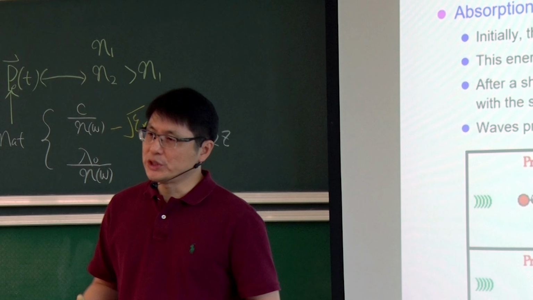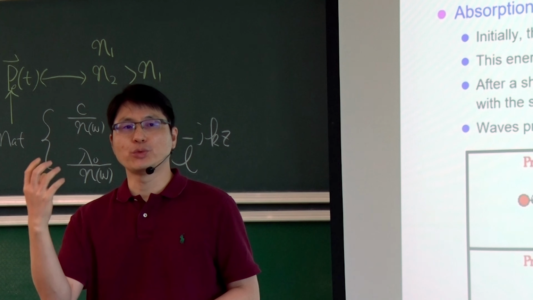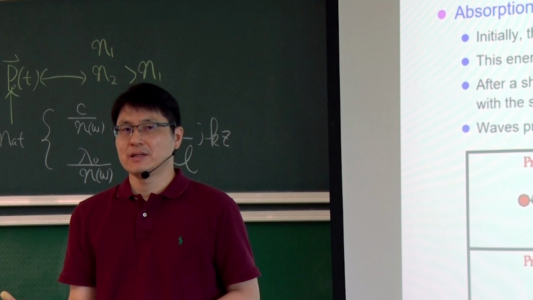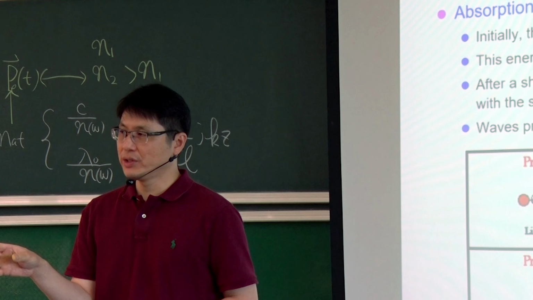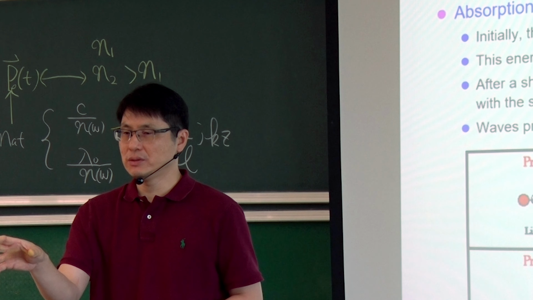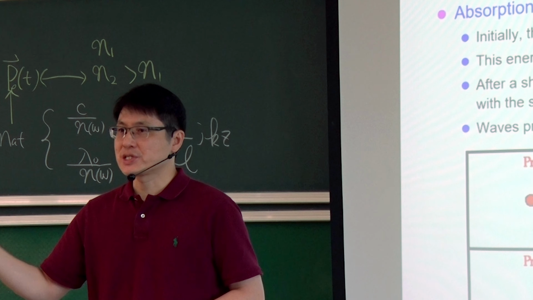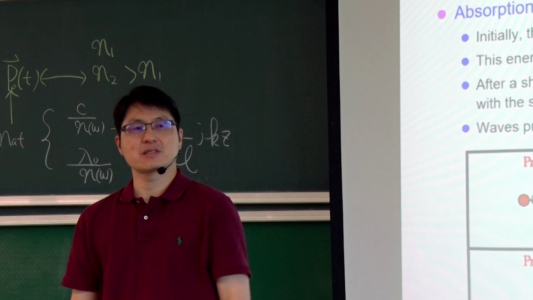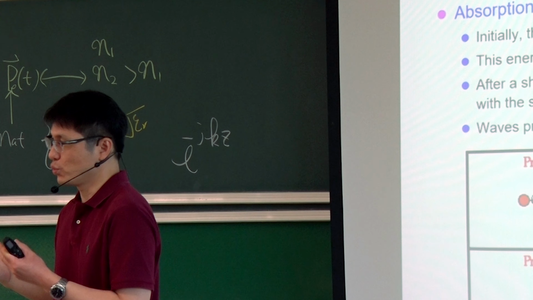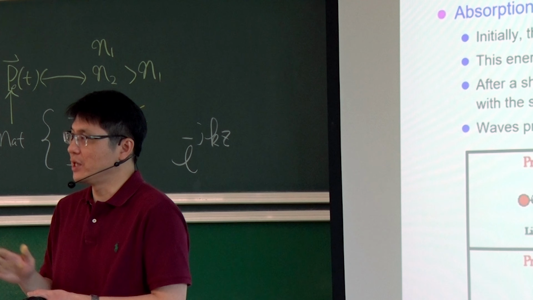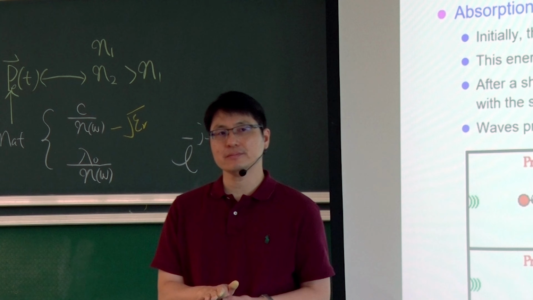So try to appreciate whenever you have a very high refractive index, in a microscopic sense, this is telling you this material likes this wave, so it generates a lot of induced dipoles to communicate with this wave, and therefore slows this wave propagation speed down.